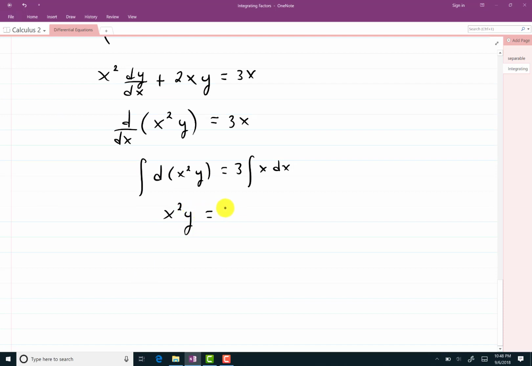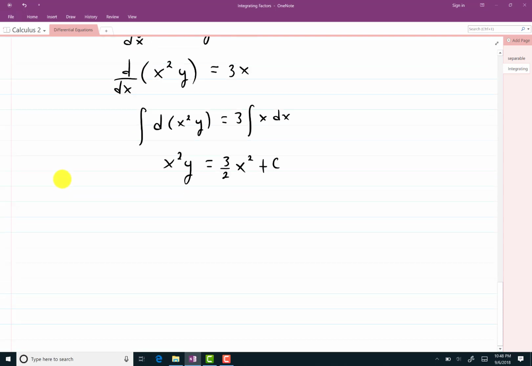The right side will be 3 halves x squared plus c. And that is the solution unless I ask for an explicit solution, which means if I'm looking for an explicit solution, I will divide by x squared, and I will get y equals 3 halves plus c x to the negative 2.